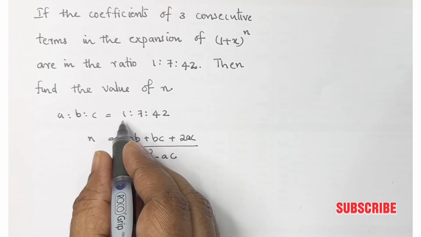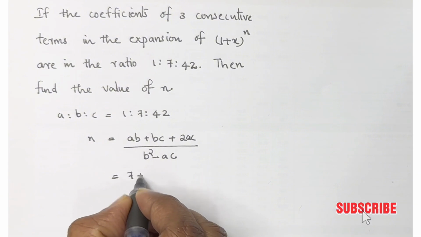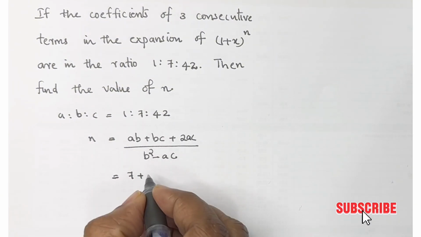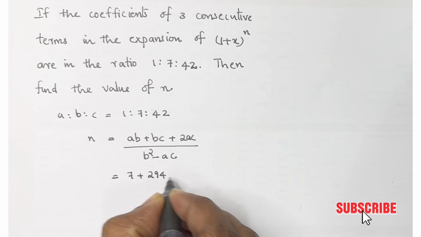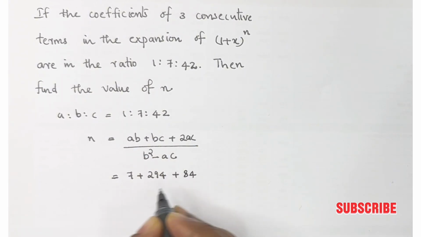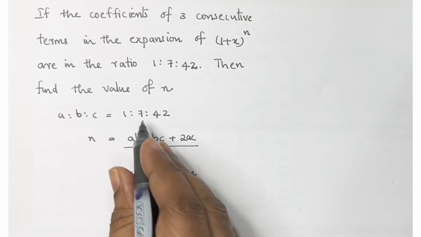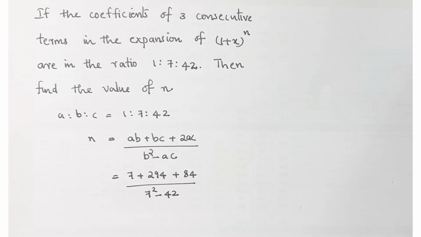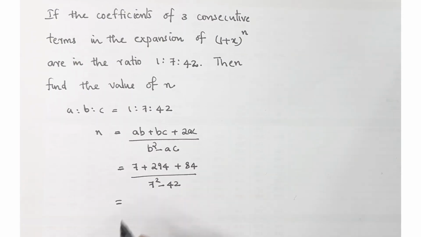That is, a into b is 1 into 7, so it's 7, plus b into c, 7 into 42, which is 294, plus 2ac. ac is 1 into 42, so 2ac is 84, whole divided by b² - ac, that is 7² - 42. Simplify here: 7 + 294 + 84 is 385, whole divided by 7² which is 49, minus 42, which is 7.